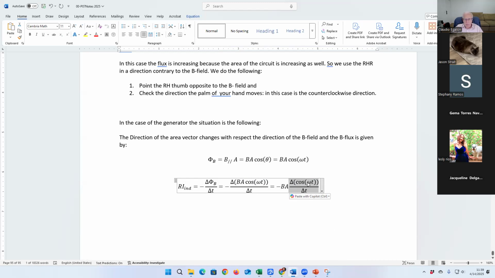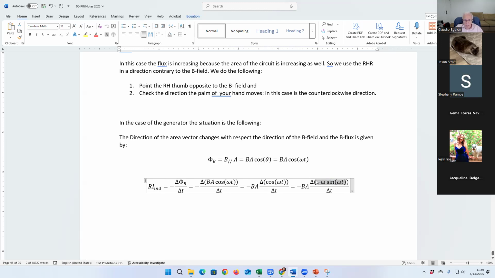Okay, it happens that this type of relation that you see right in here, we can obtain only through calculus. And delta cosine of omega t over delta t, I'm going to give you the result. It's going to be minus sine, and we're going to have also an omega term right in here.